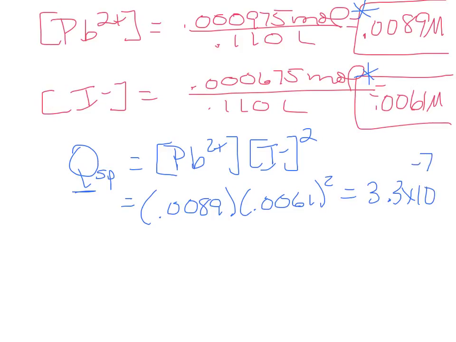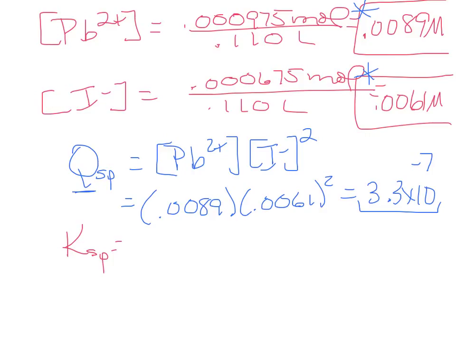Remember that K and Q values are unitless, so we don't need to worry about a unit. What we do need to do now, this problem gets kind of lengthy, is compare this Q value to the K value. So what was Ksp for this? That's the one you have to refer to the Ksp chart that I uploaded for you on D2L, because this problem should have given it to you, and it did not.